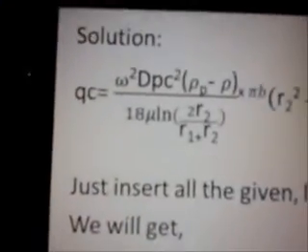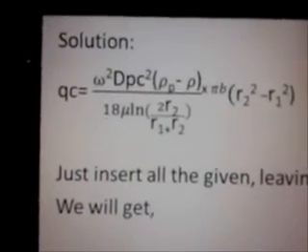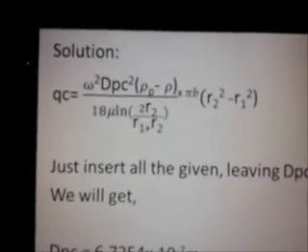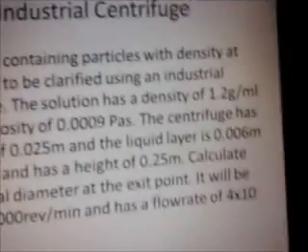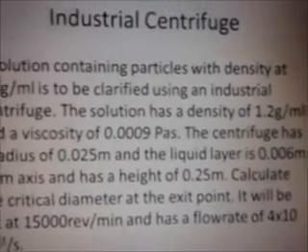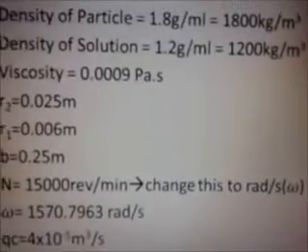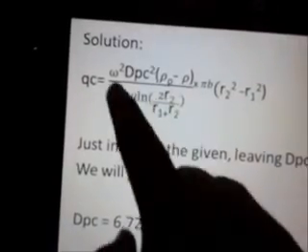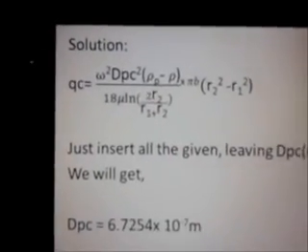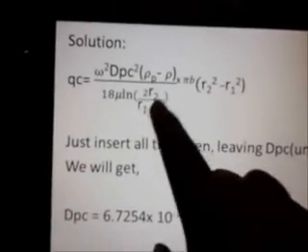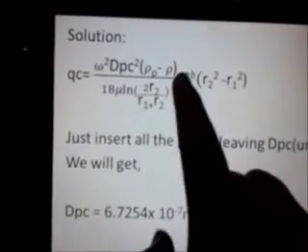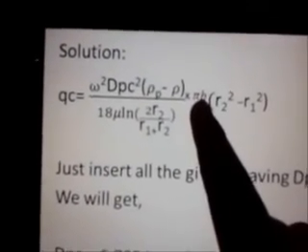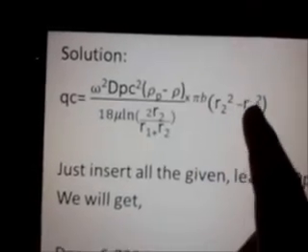So the working equation is QC is equal to W squared, dPc squared, this is the critical diameter, then density of the particle minus density of the solution all over 18 times viscosity times ln of 2 r sub 2 all over r sub 1 plus r sub 2 multiplied by pi times the depth or the height, quantity r2 squared minus r1 squared.